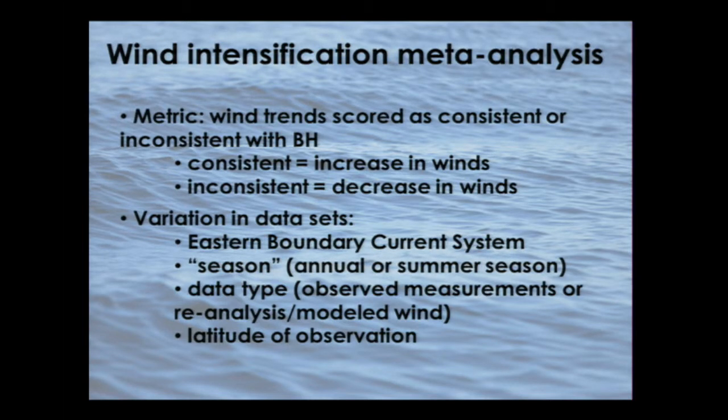Data type is also a good question. So you can go out and measure winds. Winds are measured all the time on buoys, for example, or you can have modeled reanalysis, modeled wind data sets. So it's a modeled data set based on observational data. And then there was another question about the latitude of observation. So I'm sure you noticed that those boundary current systems spanned at least a dozen or 2 degrees of latitude.